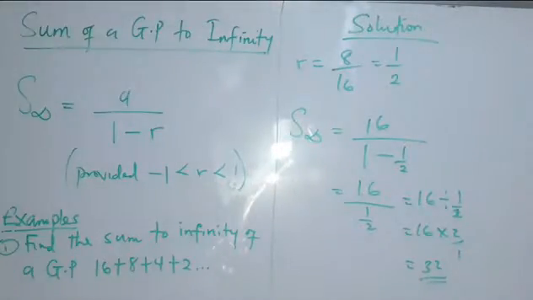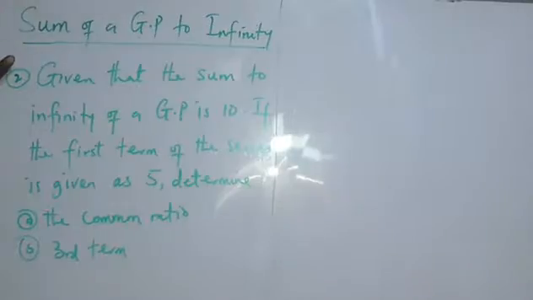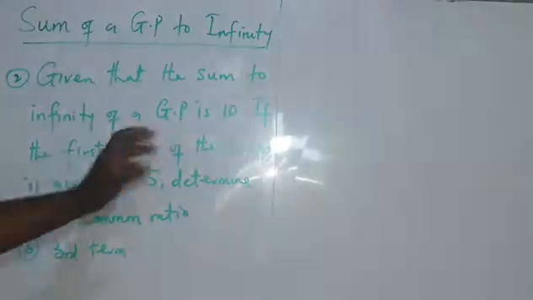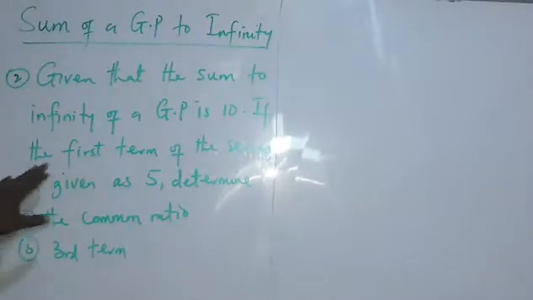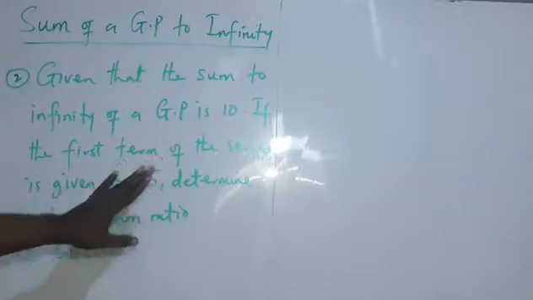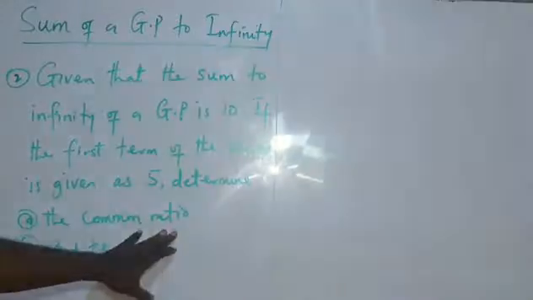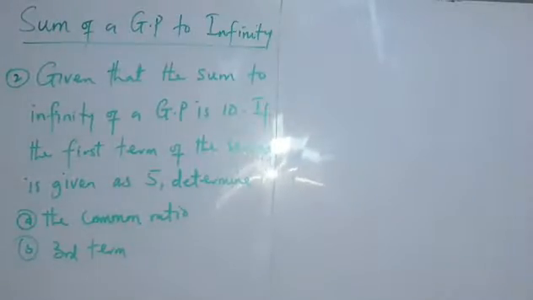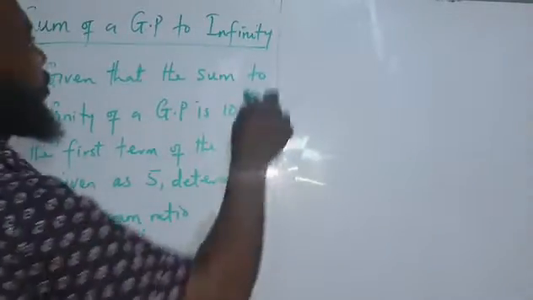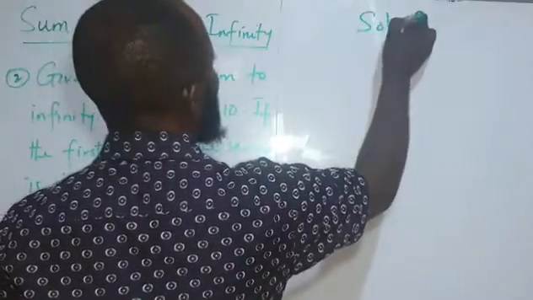So we look at one more example and see how we can use this to solve problems. Second example, given that the sum to infinity of a GP is 10. If the first term of the series is given as 5, determine the common ratio and the third term. Solution.